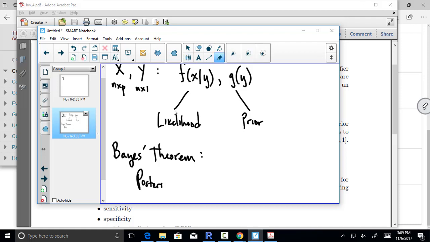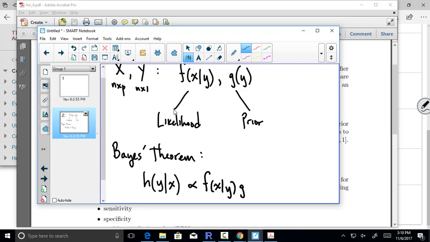So let me just call it H. The posterior distribution is a distribution for the class variable conditional on the observed data. And Bayes' theorem allows us to say this is proportional to the likelihood times the prior.